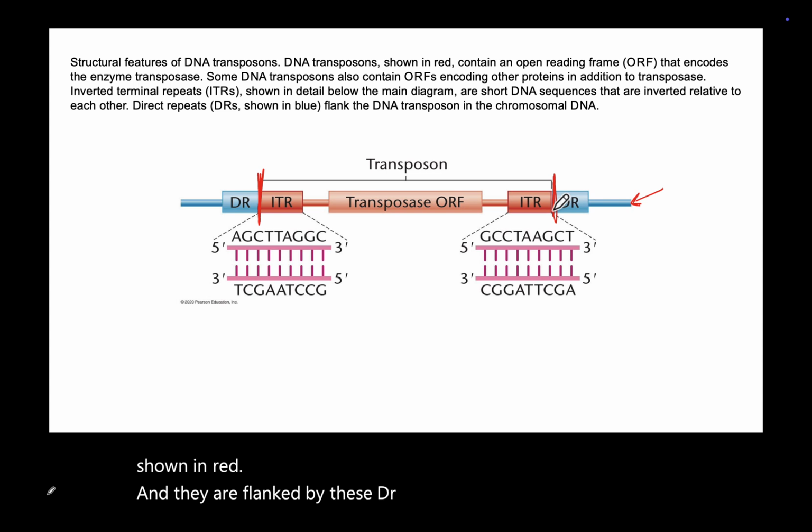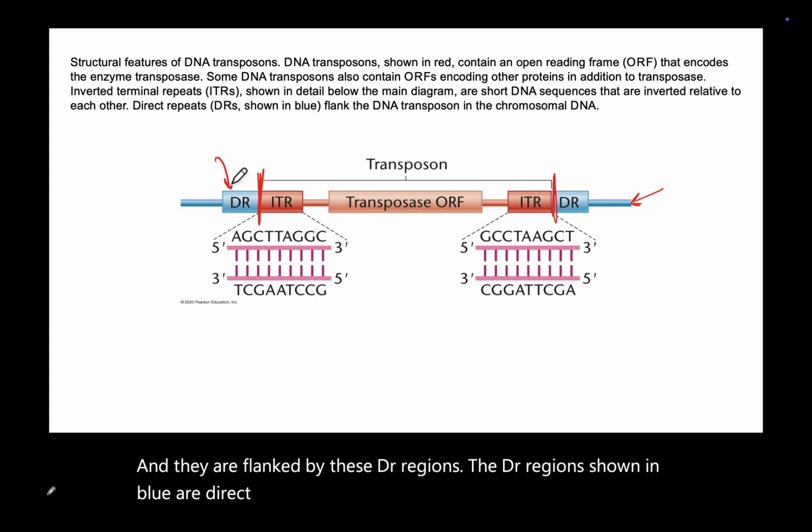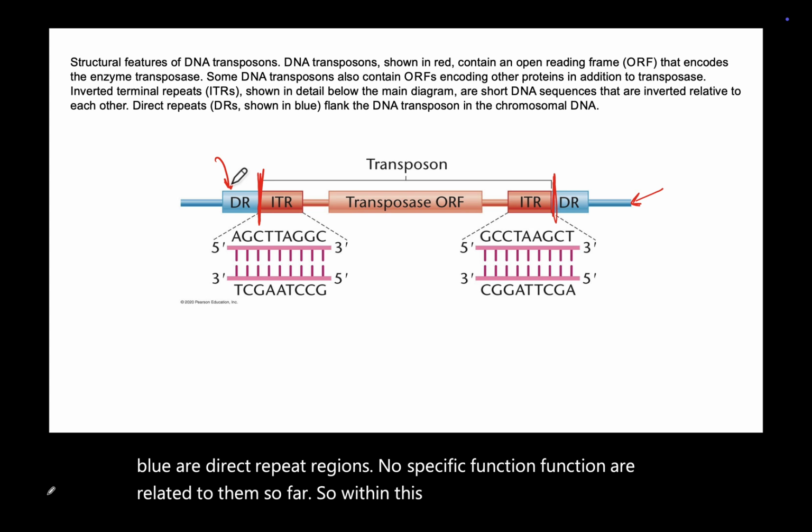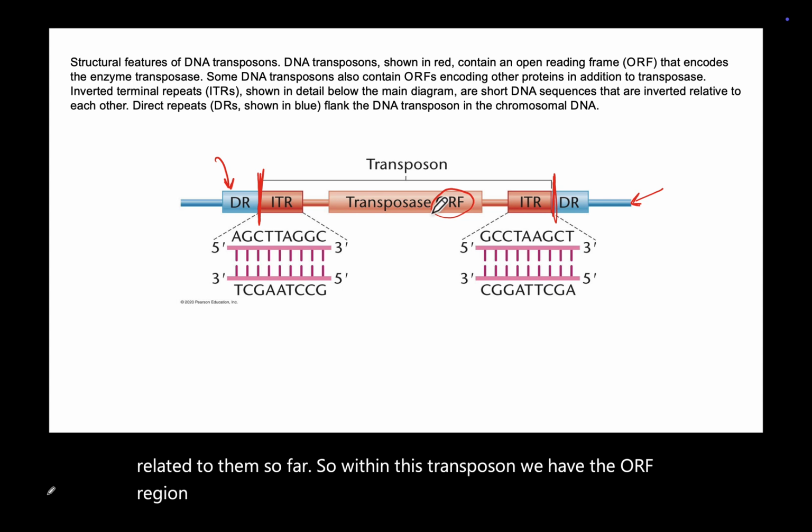The DR regions shown in blue are direct repeat regions. No specific function related to them so far. So within this transposon, we have the ORF region that codes for the transposase.